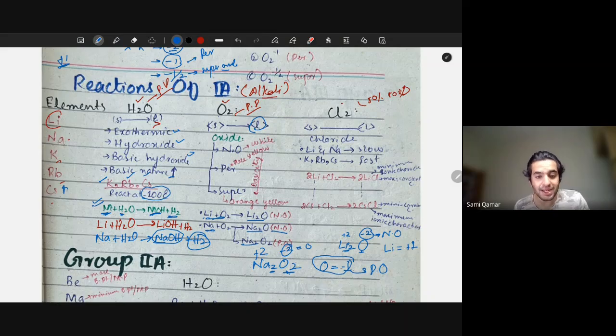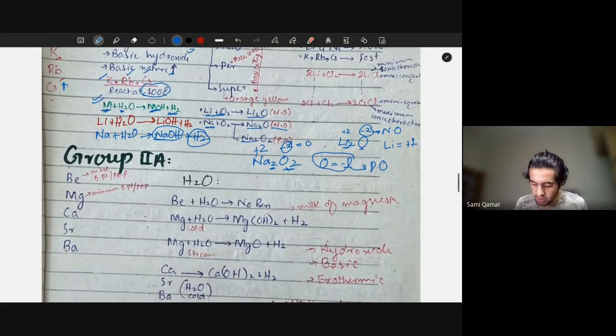Okay. Now let's do it for potassium. Potassium will form superoxide. Potassium is the one which is forming superoxide. Rubidium and cesium can also form superoxide. So let's react potassium. Here we go, potassium is going to react with oxygen and it is going to form KO2. Now here oxygen is in superoxide state. How? Potassium is +1, right?